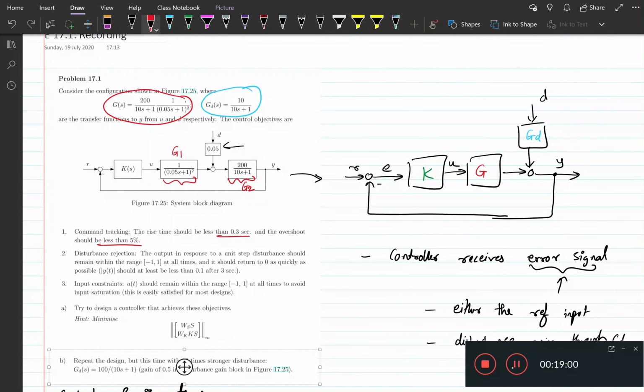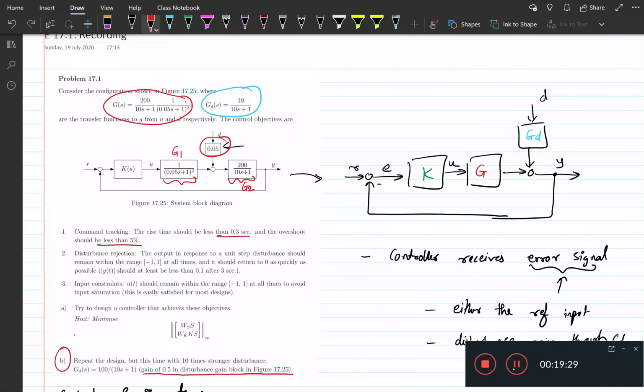So part B now requires to do the same design with a gain of 0.5 here, so 10 times the disturbance. And now I will discuss part B. So because with the gain 0.05, all these requirements are quite easily achieved, and you can just try this, and if you are stuck, please let me know.